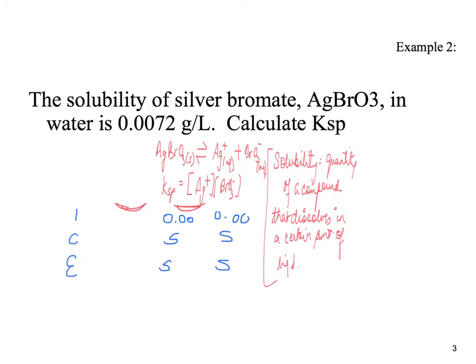So hopefully you are able to see that the solubility of any partly soluble or insoluble salt is directly related by the reaction stoichiometry to the amounts of the ions that it is made up of, and this is when equilibrium has been reached.